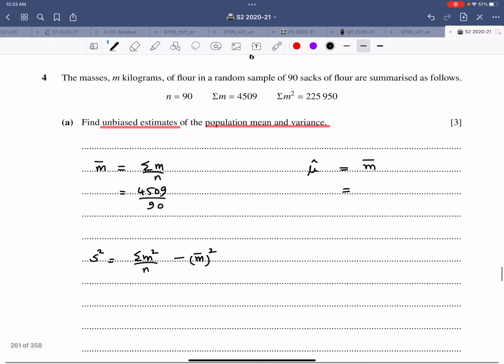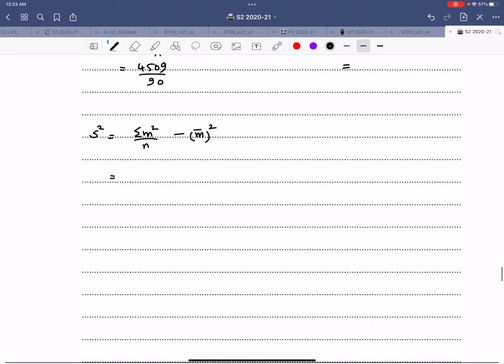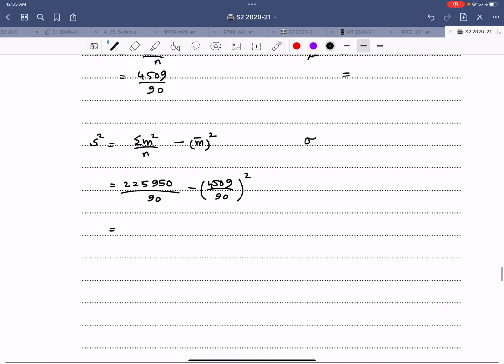So therefore, this is 225950 divided by 90 minus (4509 over 90) square, and this is the sample variance. Therefore, the unbiased estimate of population variance is n over n minus 1 times the sample variance. So that is 90 over 89 into this value.